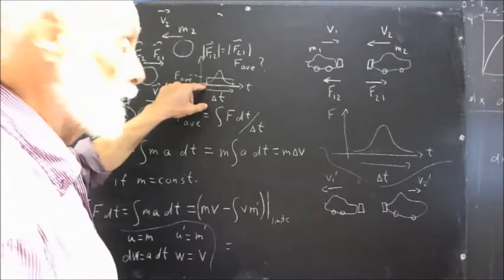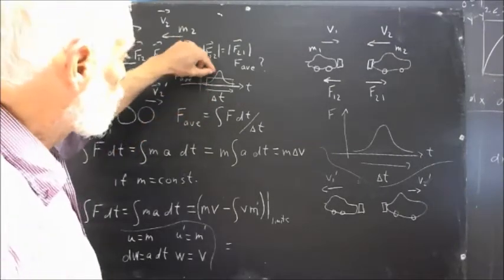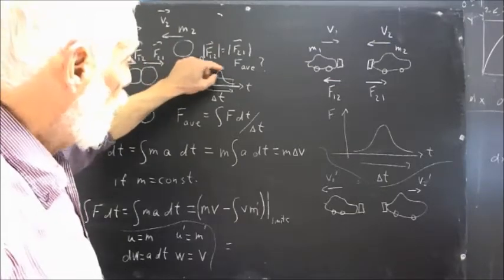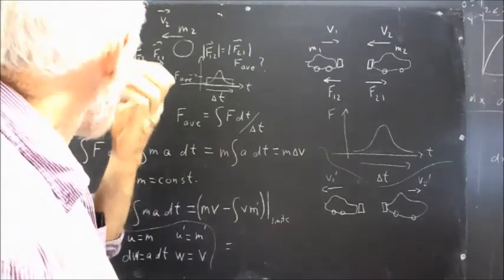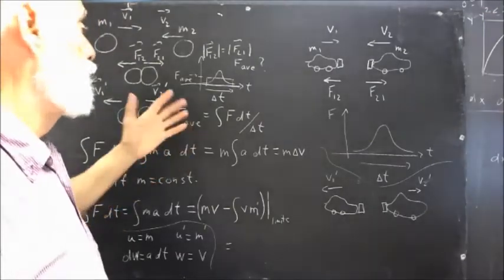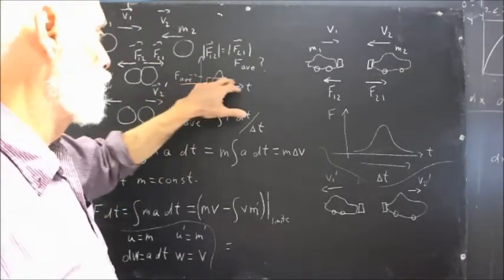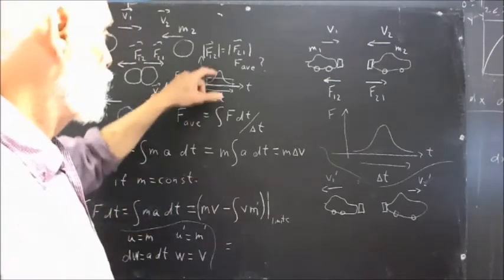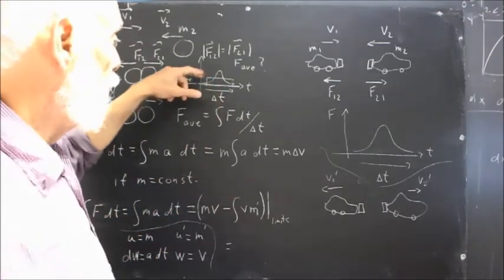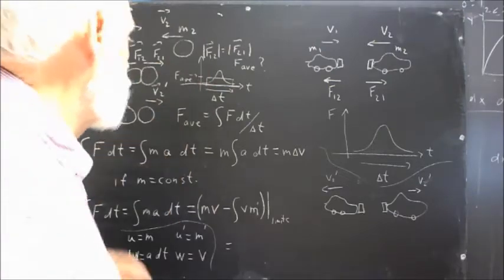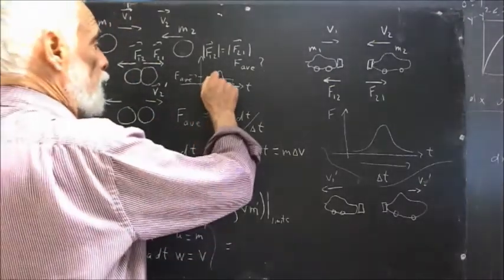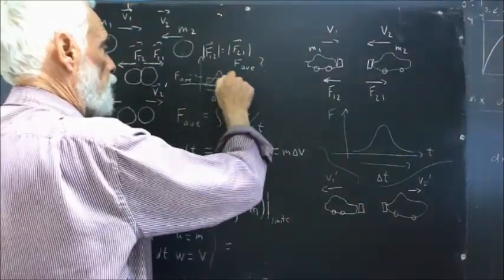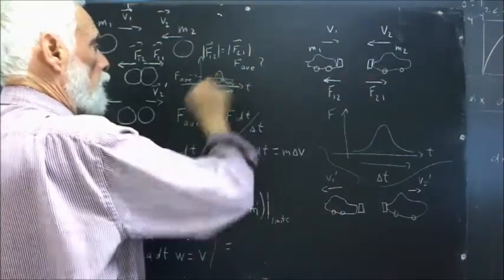This rectangle has a certain area. If you take this peak up here, cut it in half, and paste half of it in this corner, half of it in this corner, is it plausible that you can exactly fill these corners? Well, it's not plausible you could exactly do that, but this is not an implausible model. I think maybe the average force would have to be a little lower. The point being, again, that the area of this rectangle here should equal the total area under the curve.